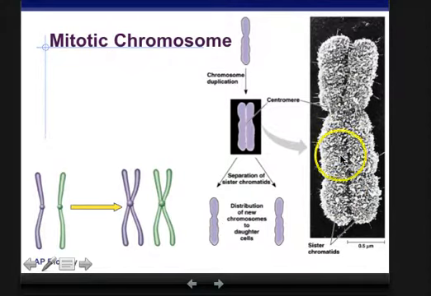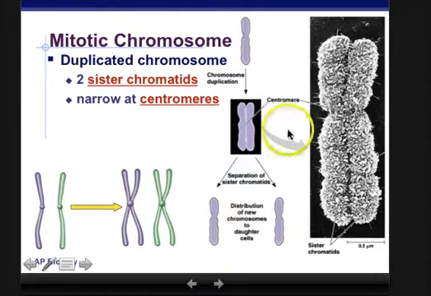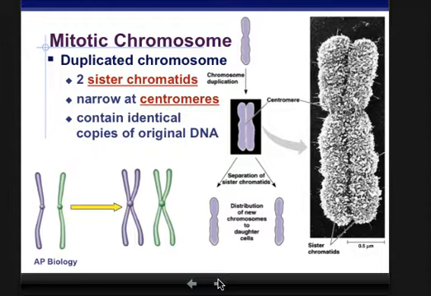They are sister chromatids. So two chromatids make a chromosome. Two chromatids are joined by the centromere. So it's two sister chromatids, narrow at the centromeres, that contain identical copies of the original DNA.